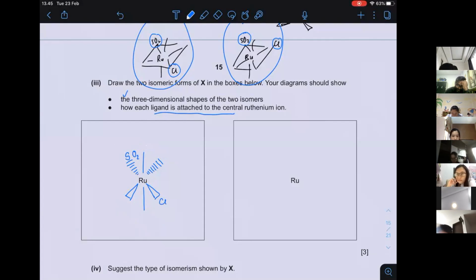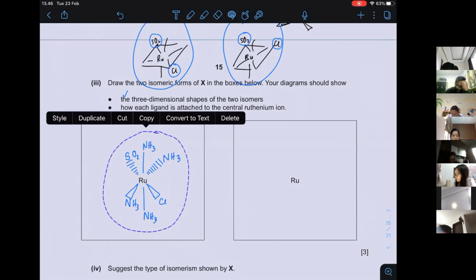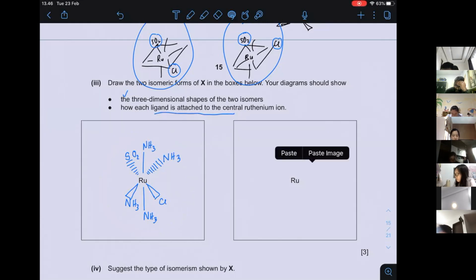And then this is ammonia, so nitrogen here, maybe like this. So I think it's better if you write it in this way. Please write accordingly. If you do the same thing here, I copy and paste it here.